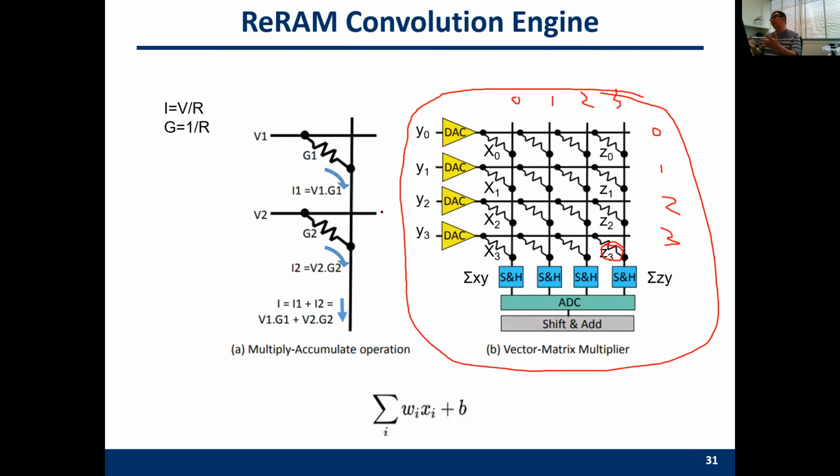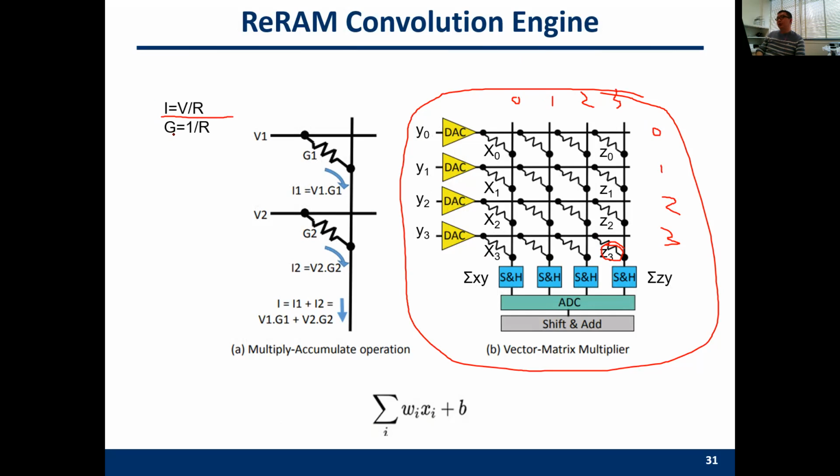And each cell is actually a resistor. It has some resistance. So this equation describes the relationship between the voltage, resistance, and the current.